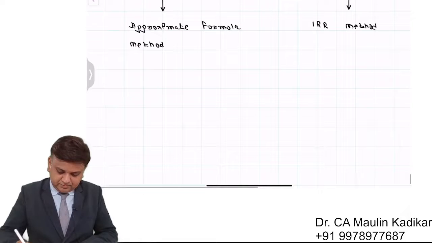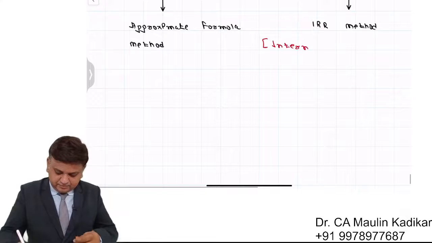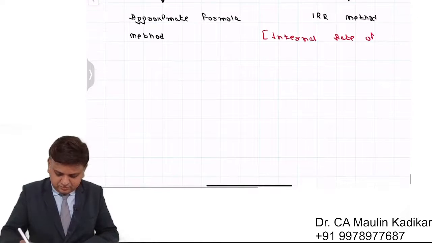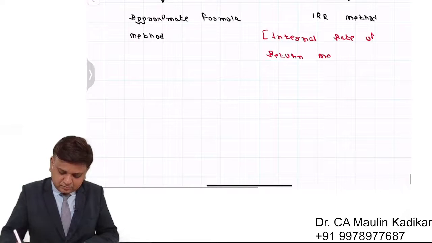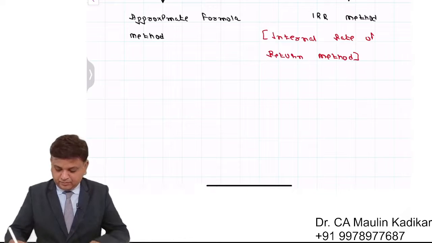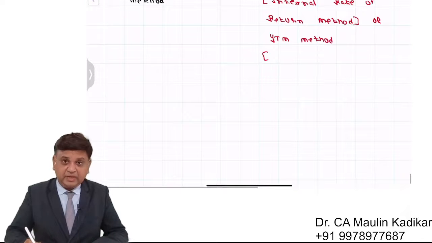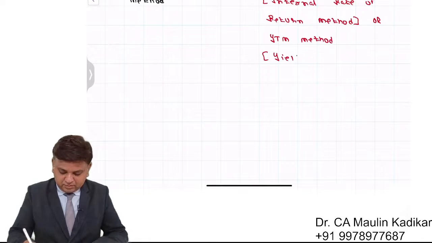In bracket write down internal rate of return method. Or YTM method. In bracket write down yield to maturity method.